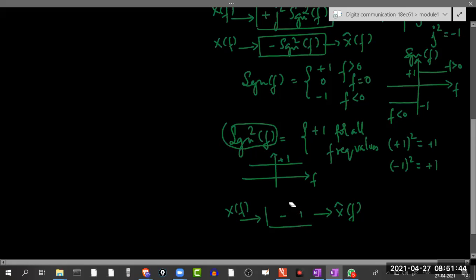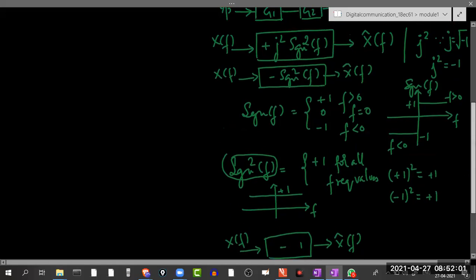So this entire thing is -1. So in fact, this negative sign will reflect at our output. So it's not just a single X cap. Wait a minute.